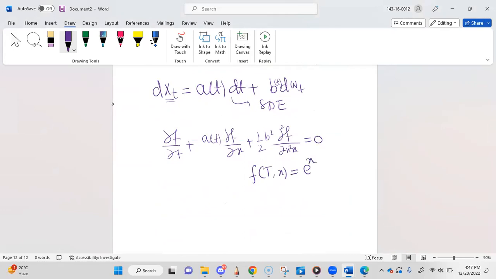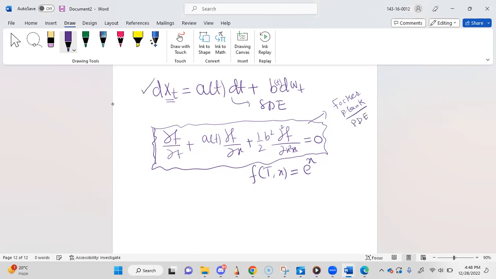So we want to solve this PDE with the help of this SDE. This PDE is called the Fokker-Planck PDE. We want to solve this PDE, but we will use the help of this SDE, and all of this is called your Feynman-Kac formula. Feynman-Kac says that if you want to solve this PDE, you take the solution of this SDE and calculate the expectation of phi of x(t) given F_t.